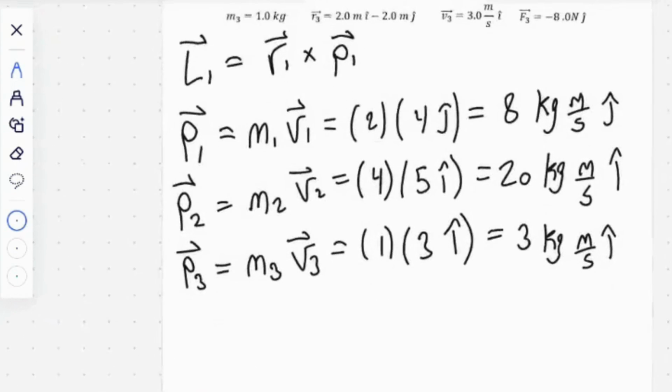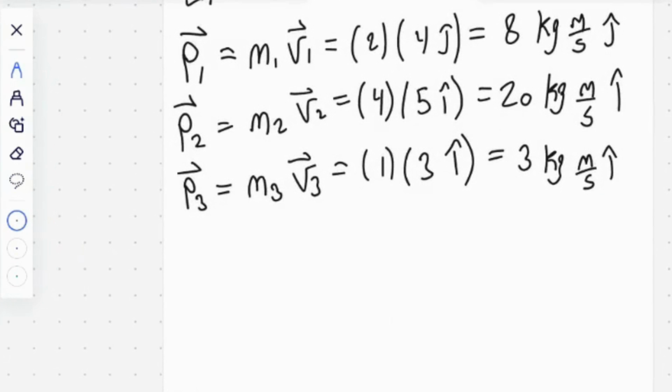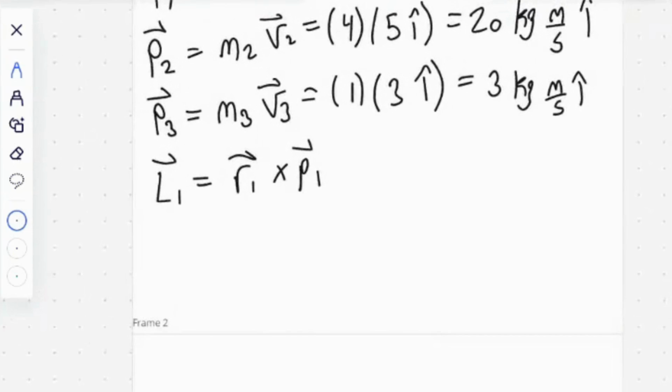Okay, so now that we've got that, we can do our cross product here. So L1 equals R1 cross with P1. So I usually set these ones up like this. There's a couple different ways to do the cross product here.